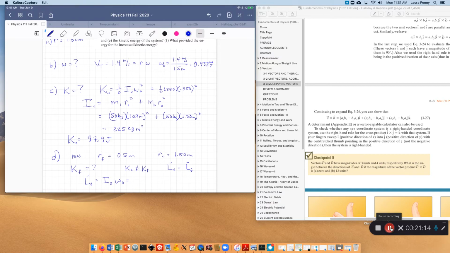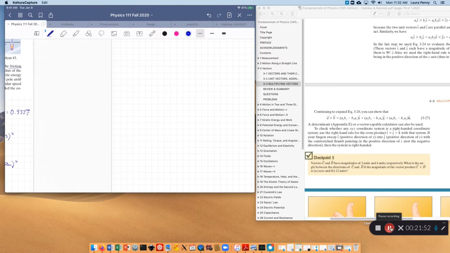So my initial moment of inertia was 225 kilogram meters squared times 0.933 radians per second. That's 225 times 0.933, which is 209.9 kilogram meters squared per second. That's my initial angular momentum.